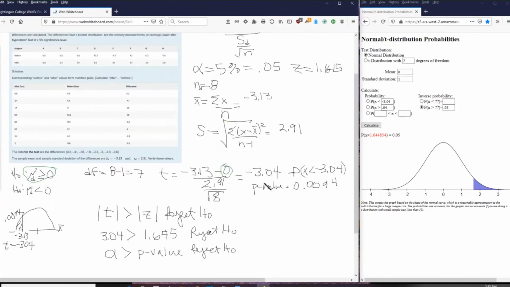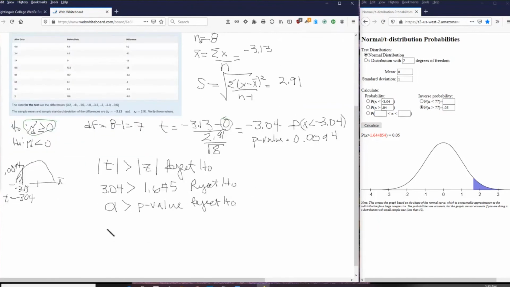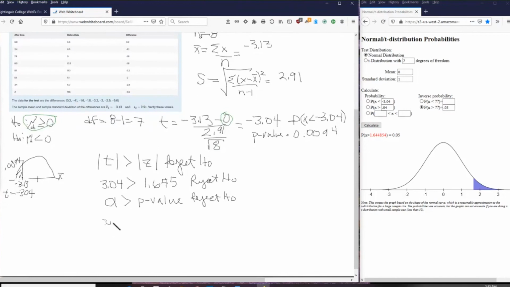So I was given an alpha of 0.05, and my p-value is 0.0094. So 0.05 is bigger than 0.0094. So that's also going to tell me to reject my null hypothesis.